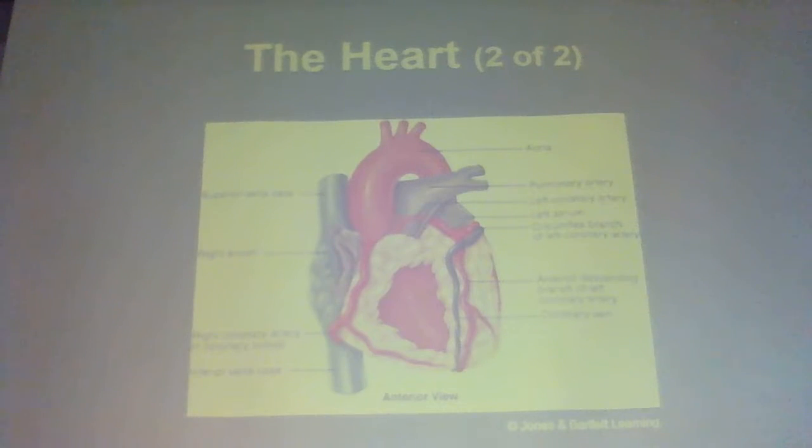What that means is, in 90% of the population, the PDA originates off the right coronary artery. The other 10% are left dominant. That means the PDA originates off of the circumflex.